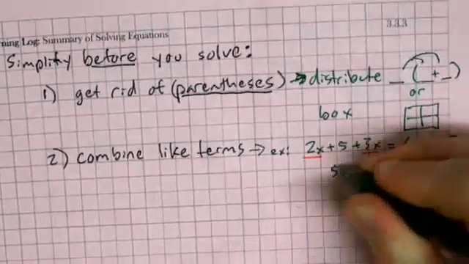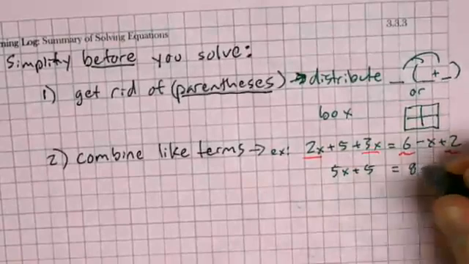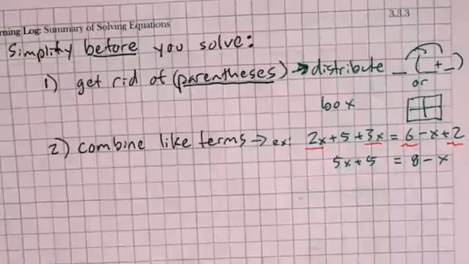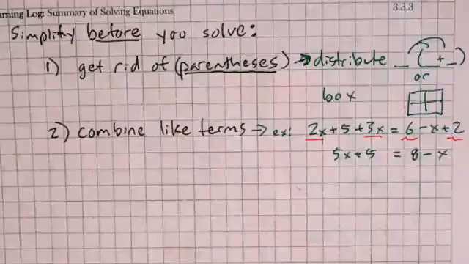This would be 5x plus 5, and this would be 8 minus x. Again, my students sometimes forget to do this, and it causes them extra steps. And it's okay to do extra steps, right? But you all know that the more steps we do, the more likely we are to make mistakes and not catch them.